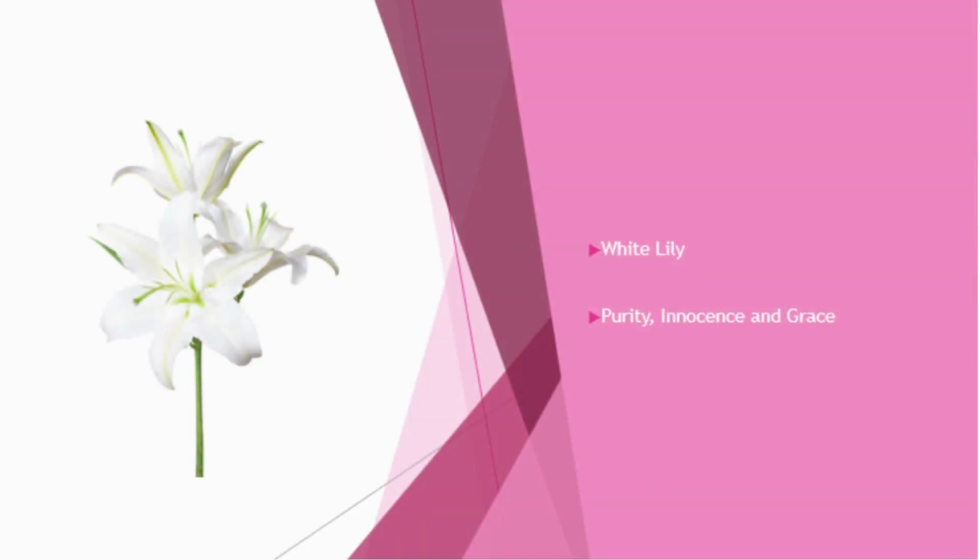Talking about the lily flower, the lily, on the other hand, embodies purity, innocence, and grace. It represents a softer, more delicate kind of beauty. Unlike the rose's fiery passion, the lily's appeal is quiet and serene, showcasing an aura of calm and peace.